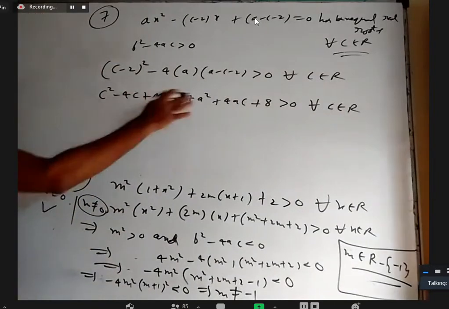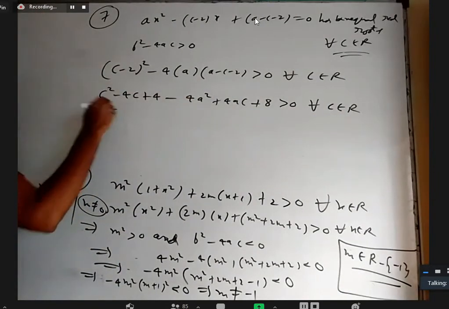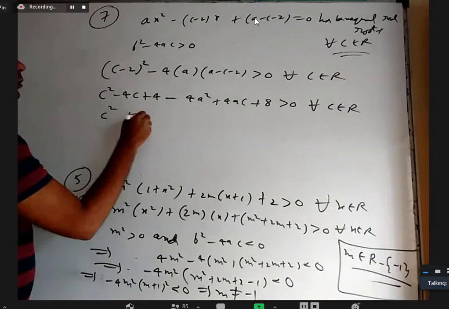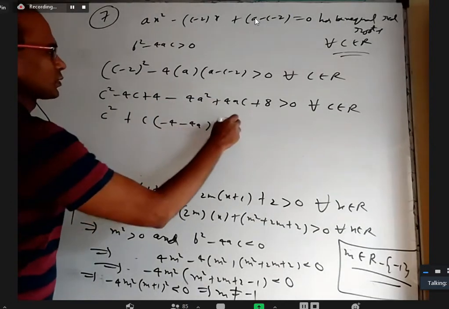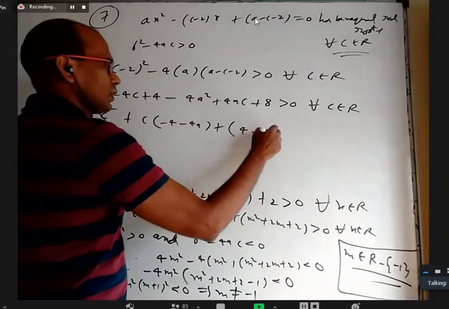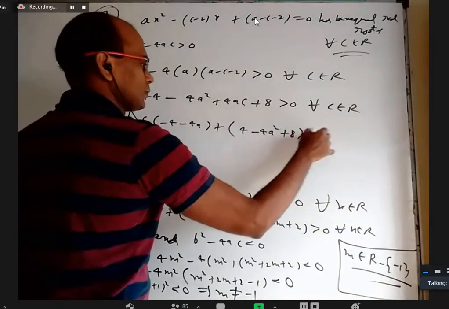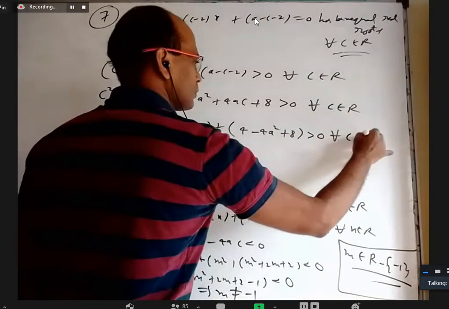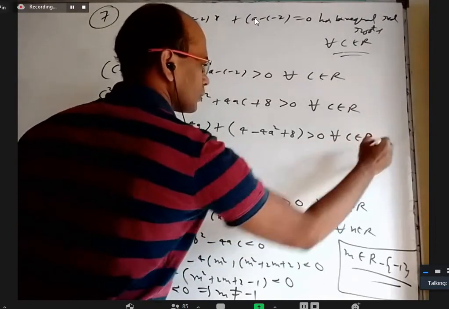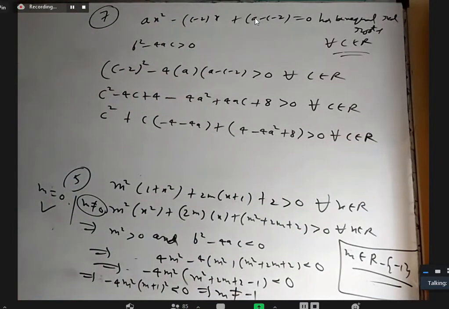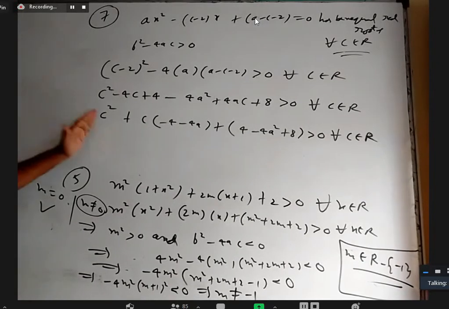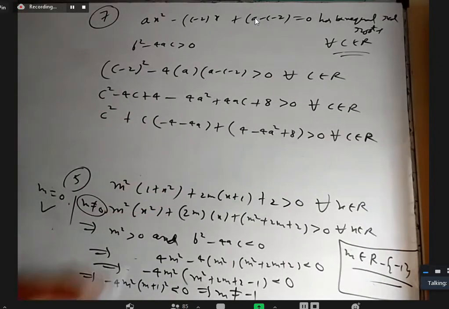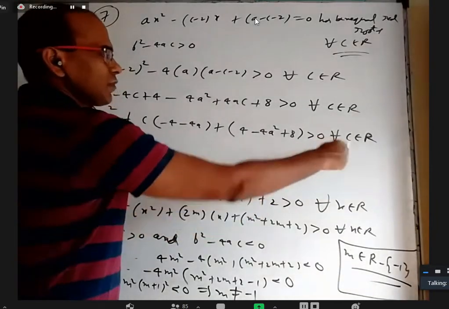So let us first see how it is a quadratic expression in terms of c: c square plus c into minus 4 minus 4a plus constant, which is 4 minus 4a plus 8. Okay, so this is a quadratic in terms of c. When will a quadratic expression be greater than 0 for all values of c?